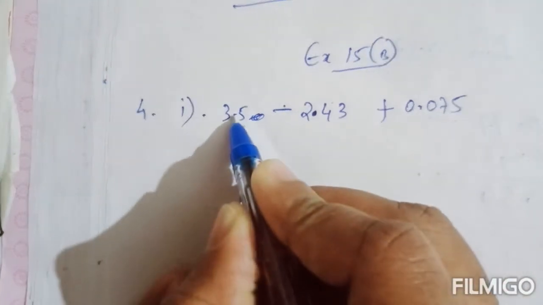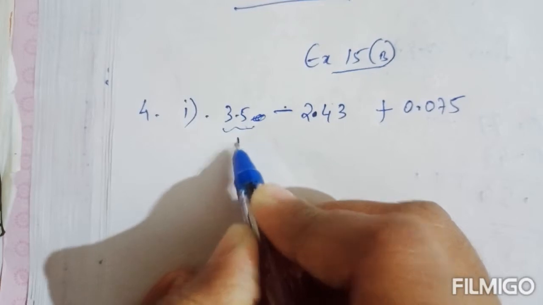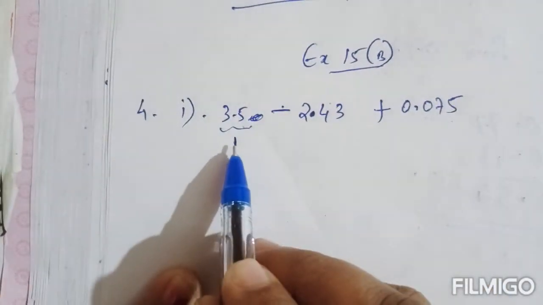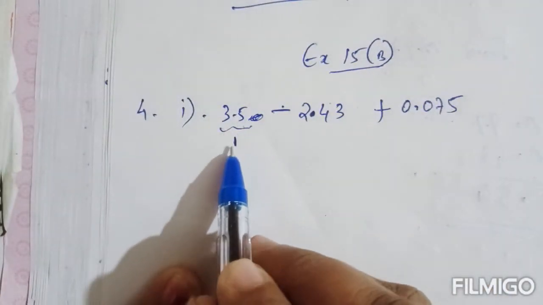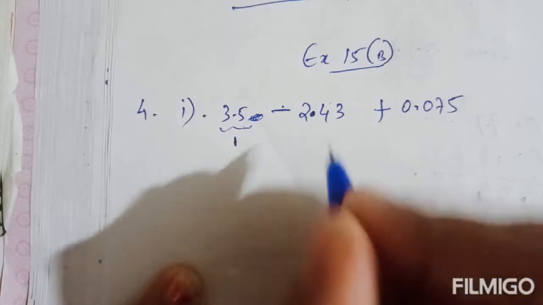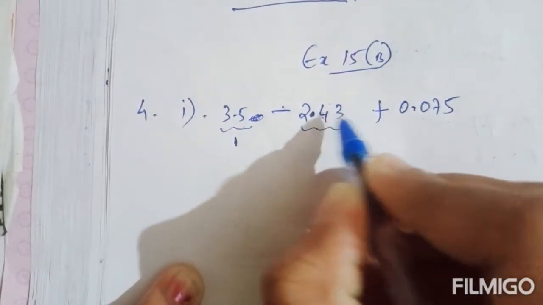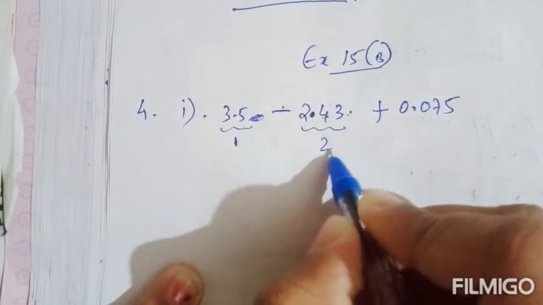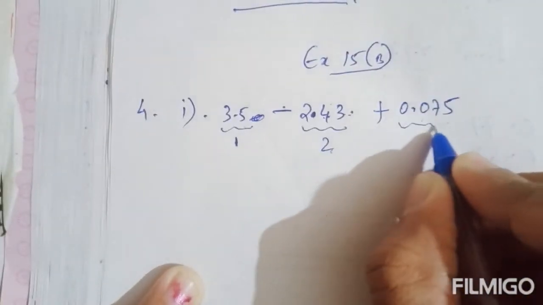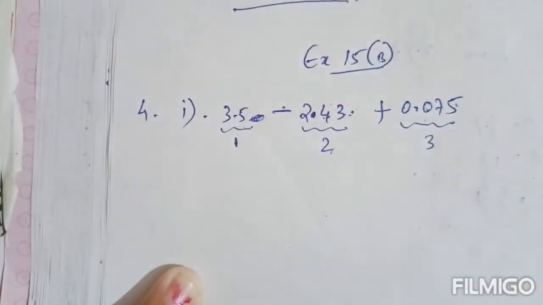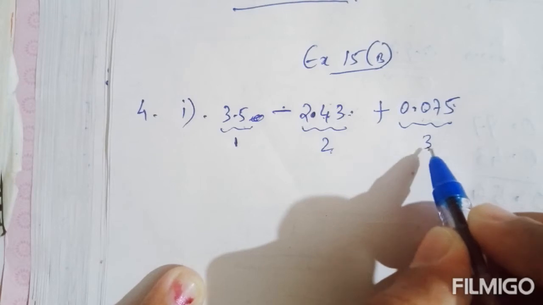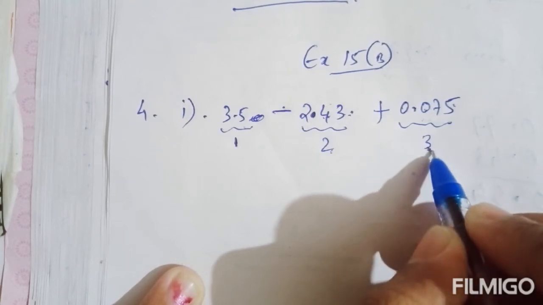Here, after the decimal point, the first number has 1 decimal place, the second has 2 digits, and the third has 3. So the maximum number of places is 3.